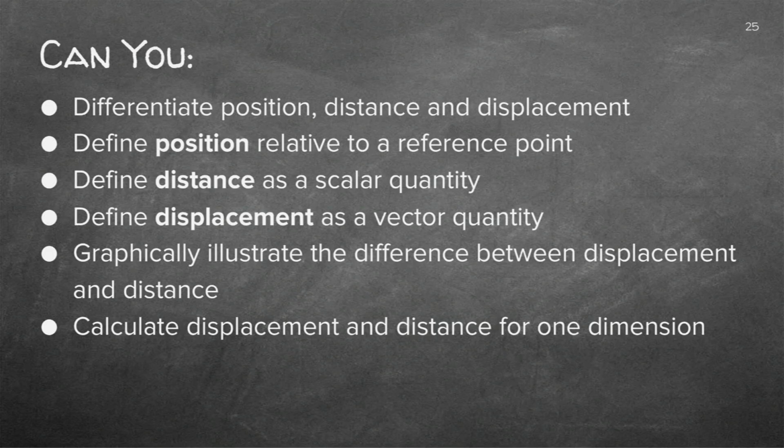Quickly, let's recap. Position is the reference point. Distance is everything added together, with no direction indicated. Displacement is when the direction really matters. Where did I start and where did I end?